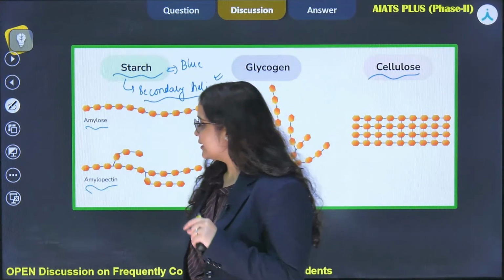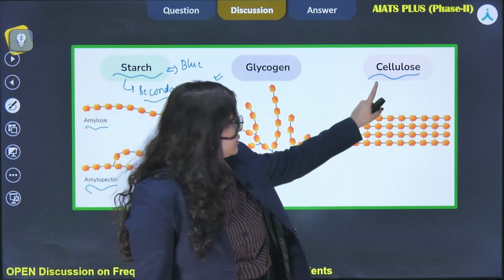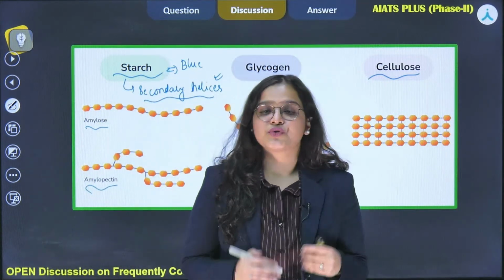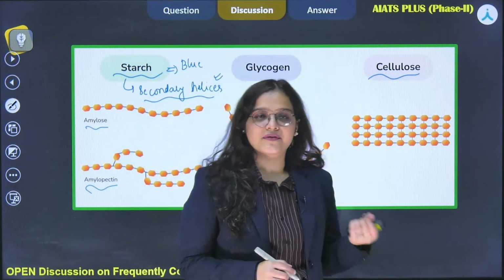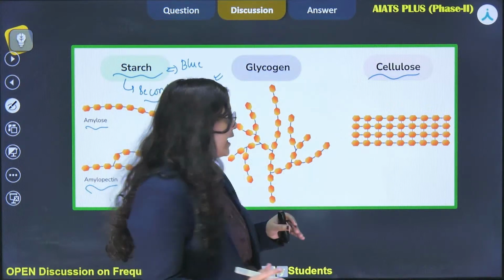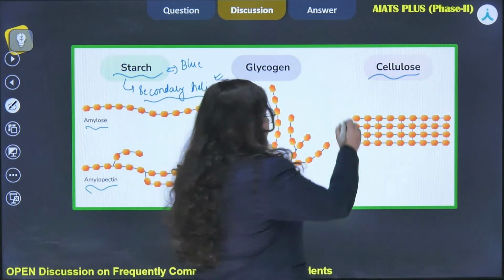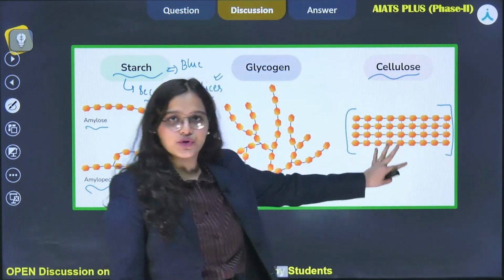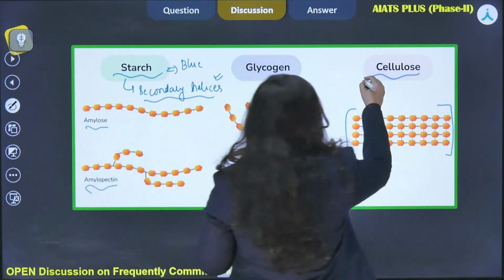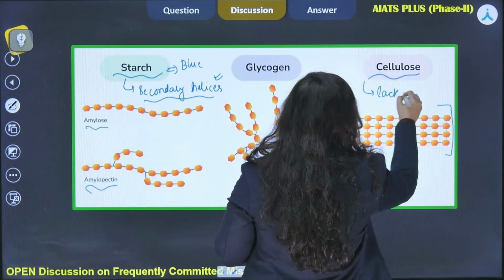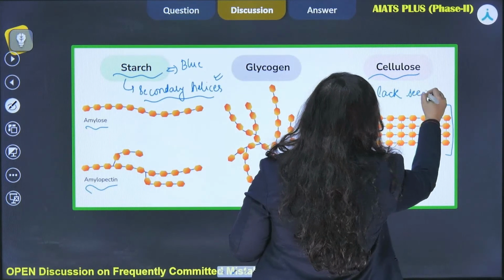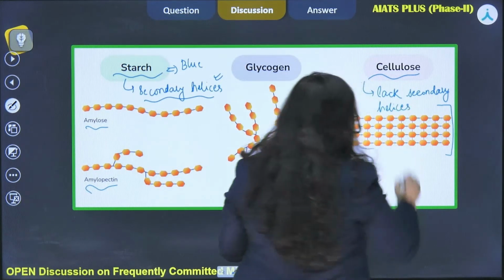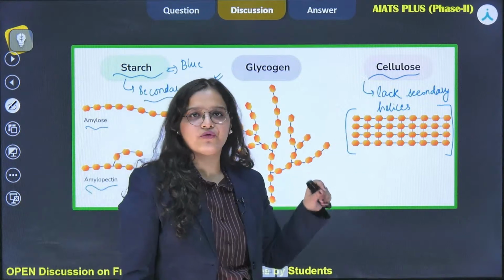And it is said that when we try to react cellulose with iodine, there is no such color formation. So why is it happening? Why do we have such an observation when it comes to cellulose? That can be explained by the fact that cellulose does not have a secondary helical structure. So we can say that it lacks secondary helices in its structure, and therefore it has more of a linear structure.